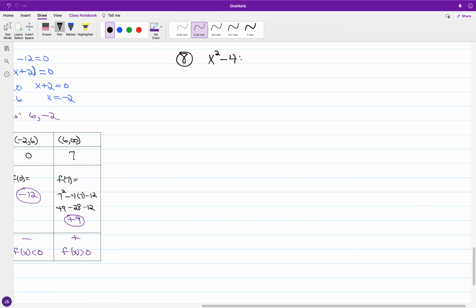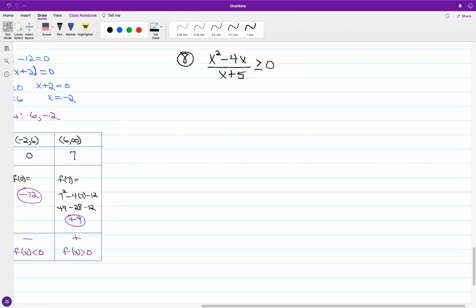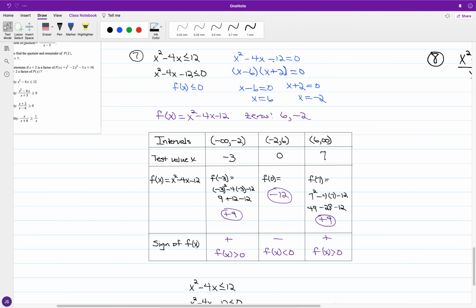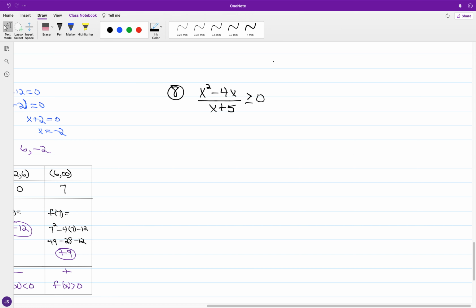So you already have this expression compared to 0. Again, you could write this as f of x or r of x is greater than or equal to 0.